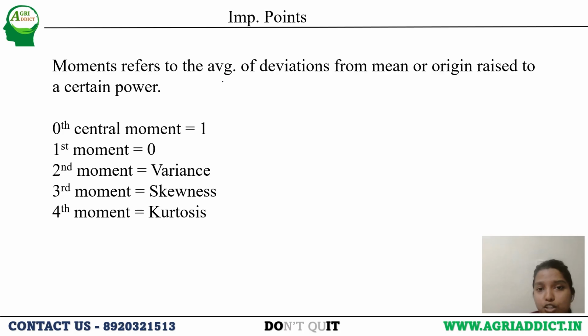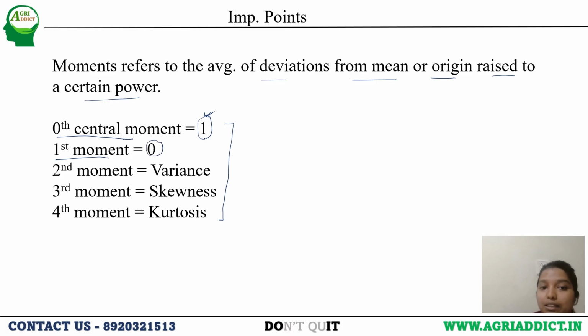Next are the important points. Moments refer to the average of deviation from mean or origin raised to a certain power. Here, this is very important. You have to remember this. The zeroth central moment is equal to 1. This can be asked directly as a fact-based question. You can learn this as: if the zeroth is there, then the answer will be 1. If first moment is there, the answer will be 0. It is opposite.